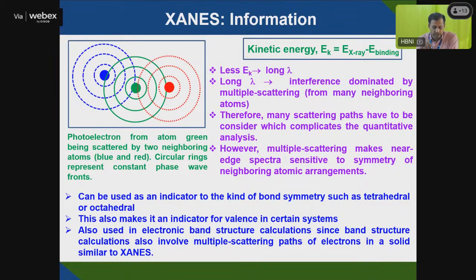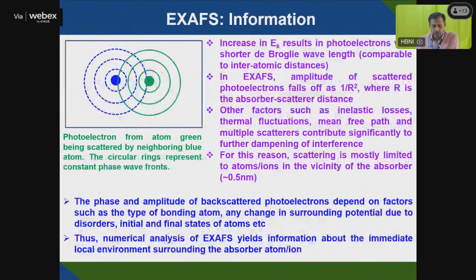The sharp band transition is multiple scattering, which makes near edge spectra sensitive mainly to the symmetry of the atomic arrangement, and can be used to indicate the kind of bond symmetry, whether it's tetrahedral or octahedral symmetry, and also for electronic band structure calculation. So all this information, valence information, an indicator of the valence band, the oxidation state, you can get from the fine structure.